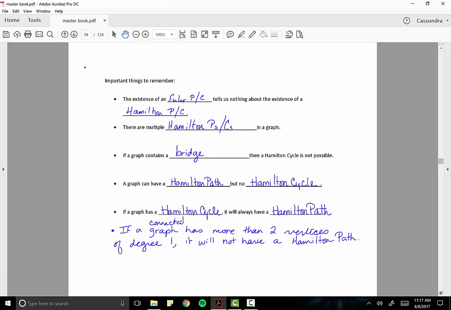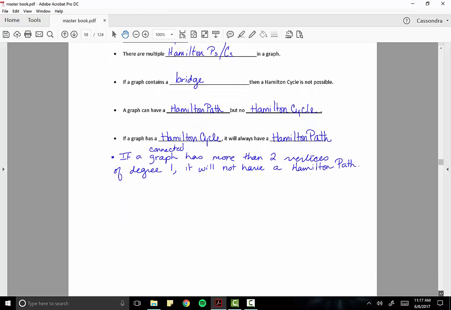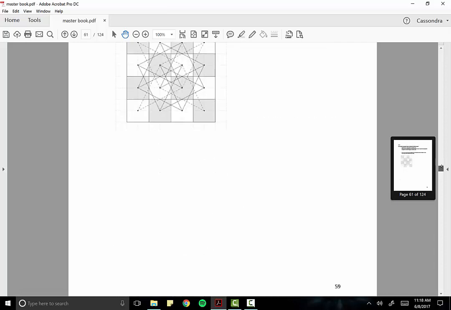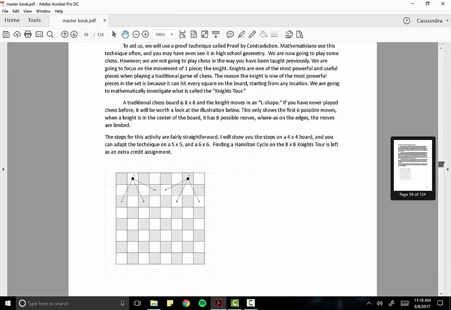And in the next activity, I'm going to show you another way to prove that graphs don't have a Hamilton cycle.